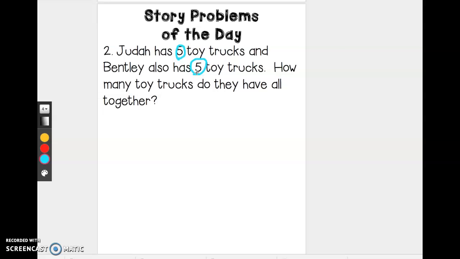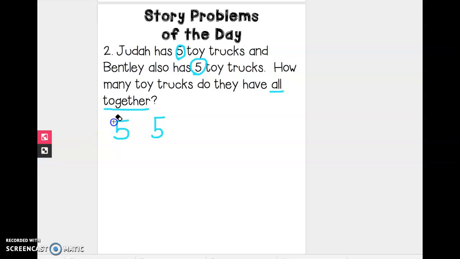Now again, we want to know how many toy trucks do they have all together. So are we making more? Are we joining? Or are we making less, separating? We know that Judah has 5, and we know that Bentley has 5. So we want to know how many all together, okay?